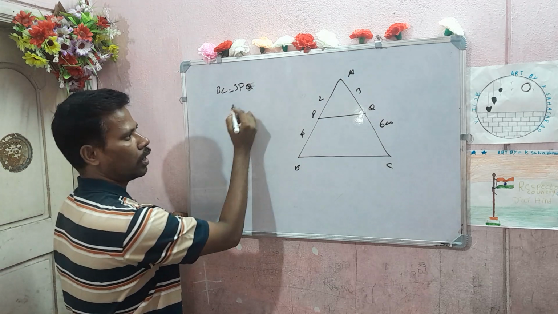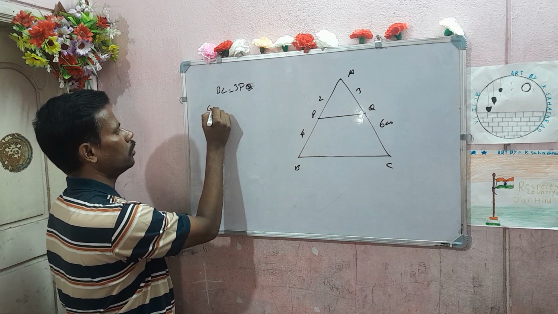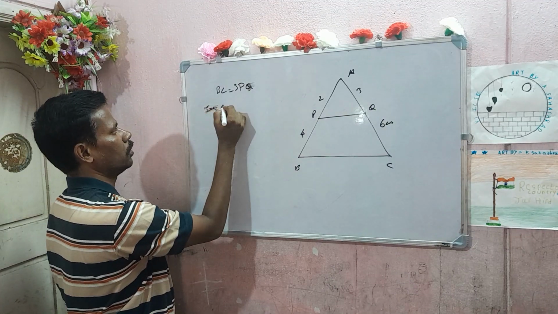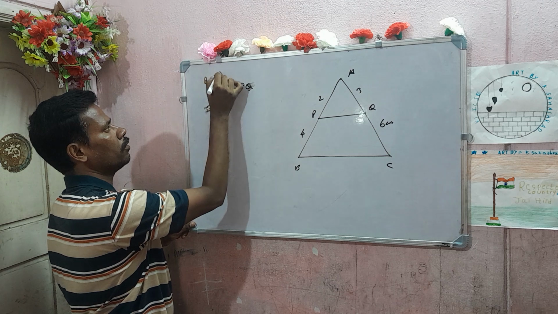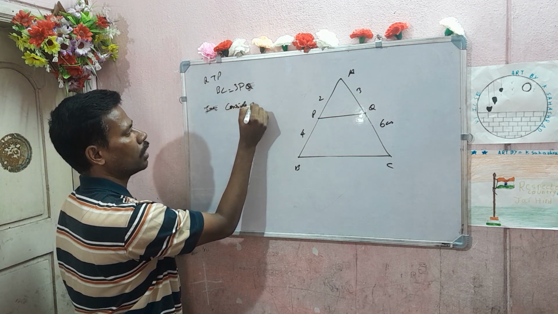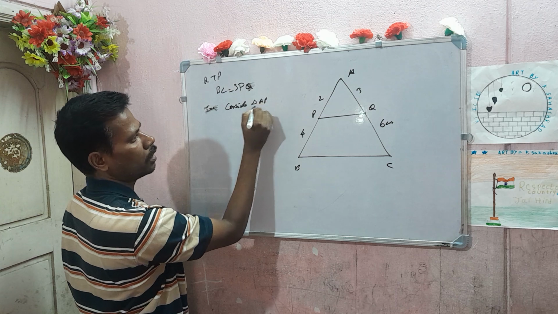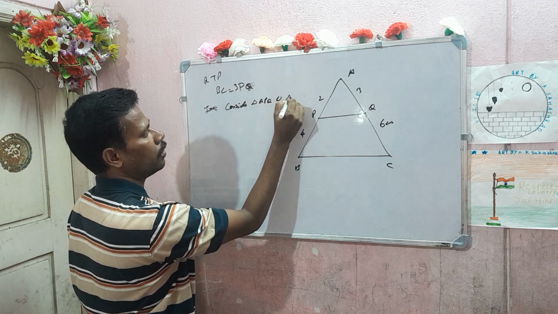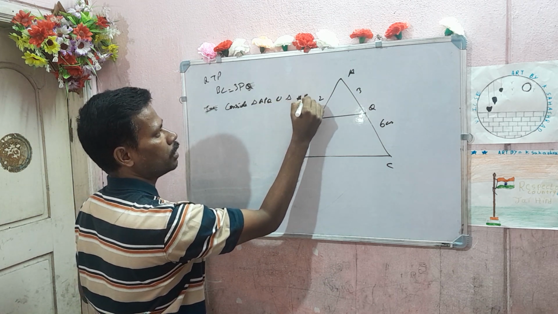So here we have to prove, RTP, BC is equal to 3 times PQ. Consider triangle APQ and triangle ABC.